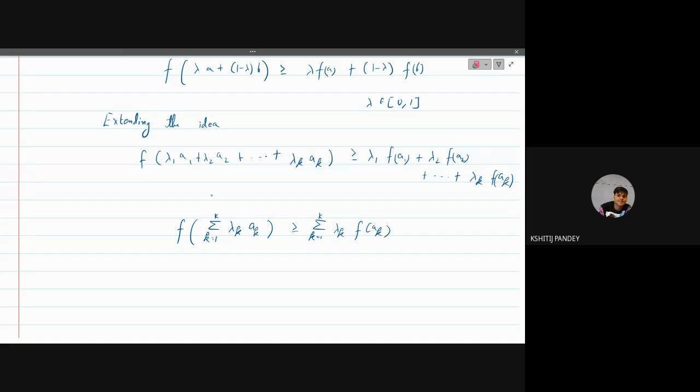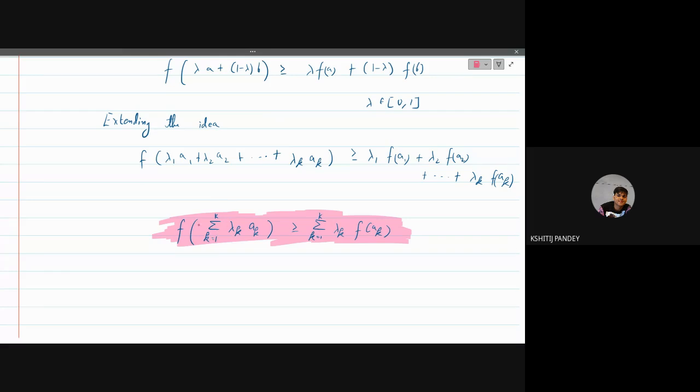This is called Jensen's inequality. And we will be using this for solving the log likelihood.